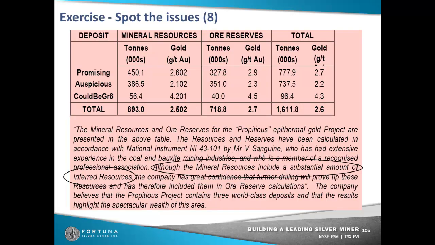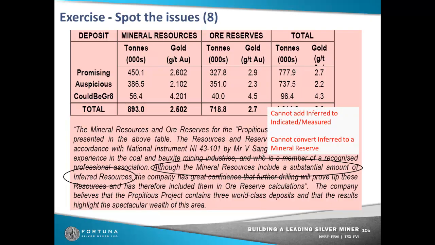Issue number 8, again we deal with the problem of combining different resource categories. You are not allowed under any circumstances to combine, when reporting in a resource reserve statement, inferred resources with indicated and measured, and you are also not allowed to convert the inferred resources to a mineral reserve when reporting.